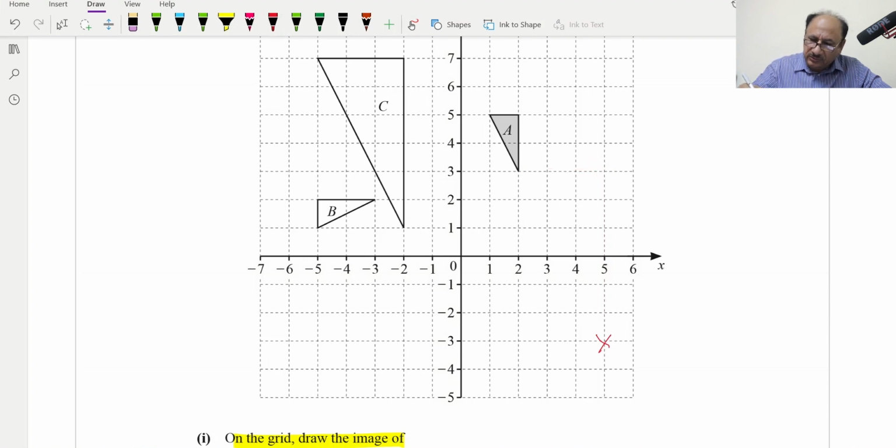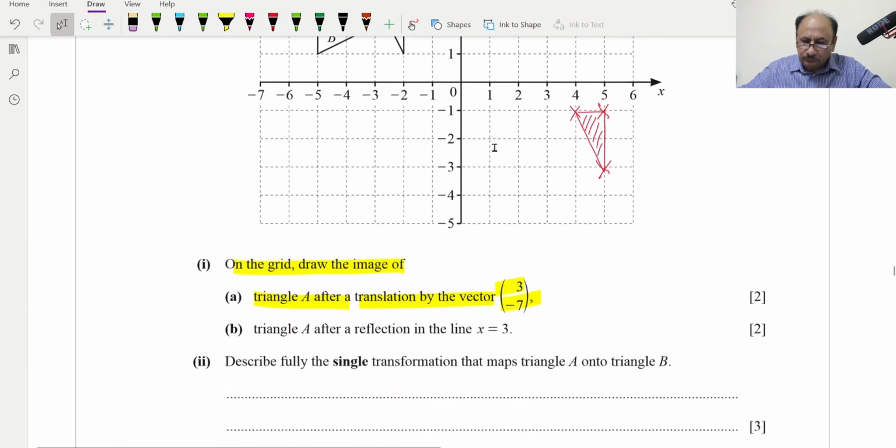So this is basically the translation, 1 mark here and 1 mark here, and we can draw the triangle, and that triangle is this one which we have drawn over here, and this will be basically the translated triangle.